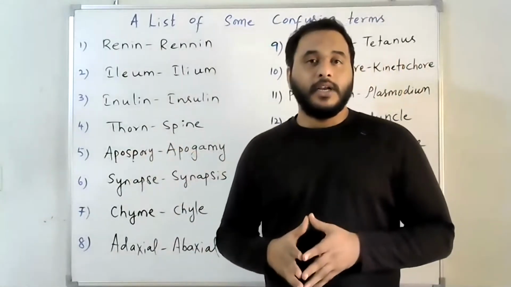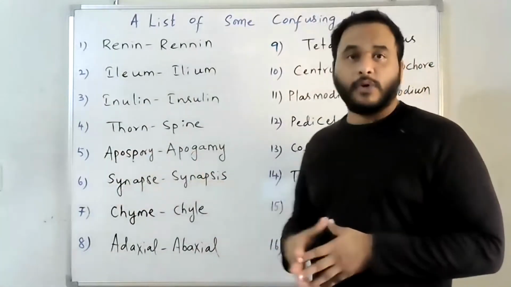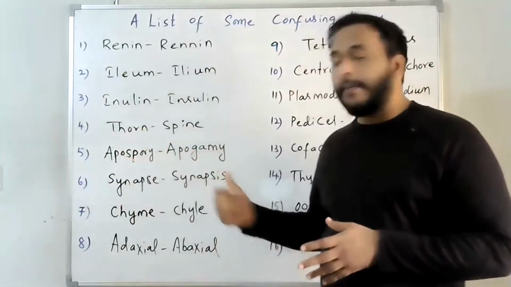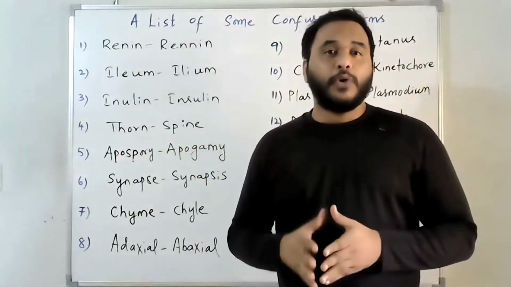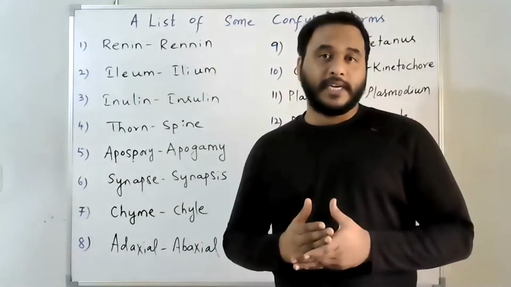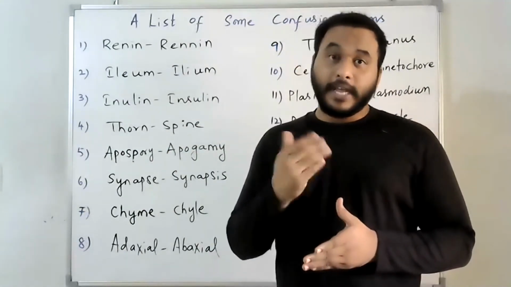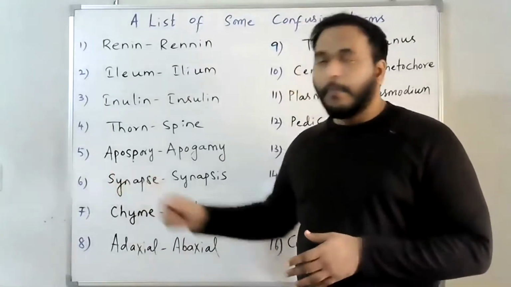It's very simple. In the plantae kingdom, we will come across these two terms, apospory and apogamy. Apospory is the development of a gametophyte directly from the diploid sporophyte, without any meiosis. So development of a diploid gametophyte from the diploid sporophyte is called apospory.